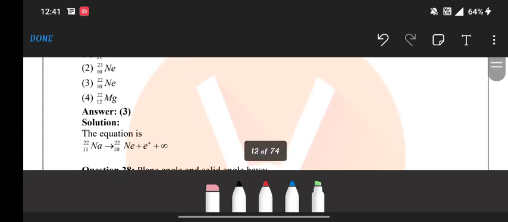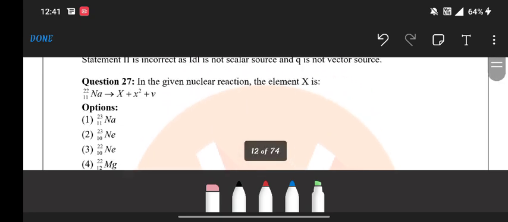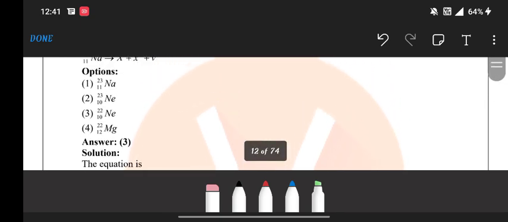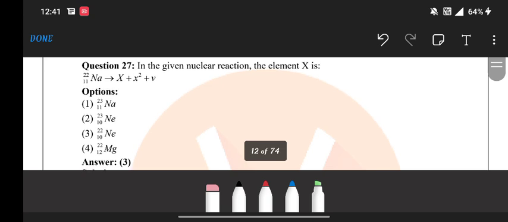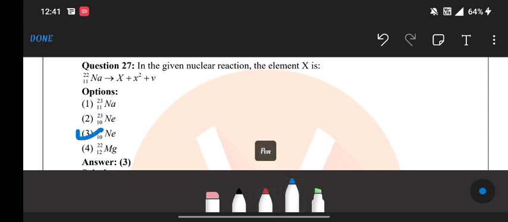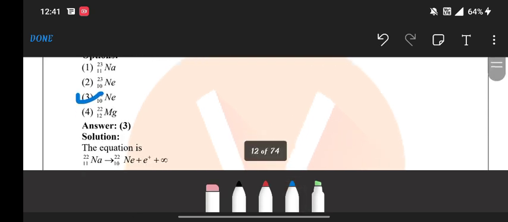So the equation is 22 by 11 sodium gives 22 by 10 neon plus positron plus neutrino. Therefore, option 3 or option C is the correct option for question number 27.